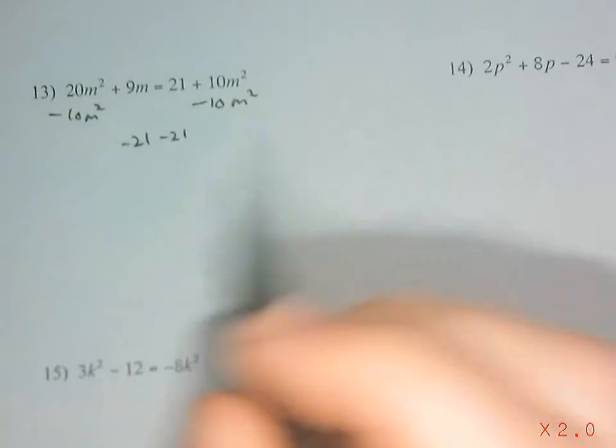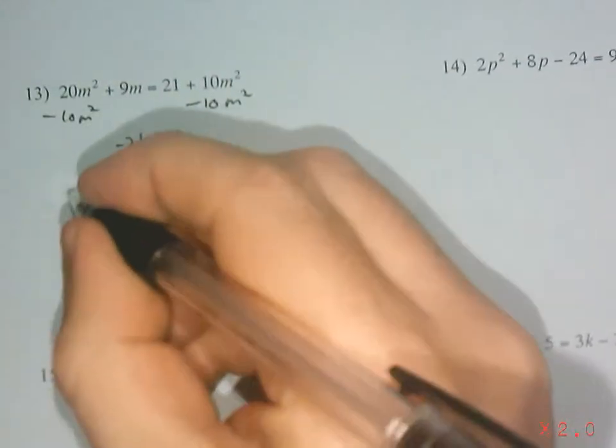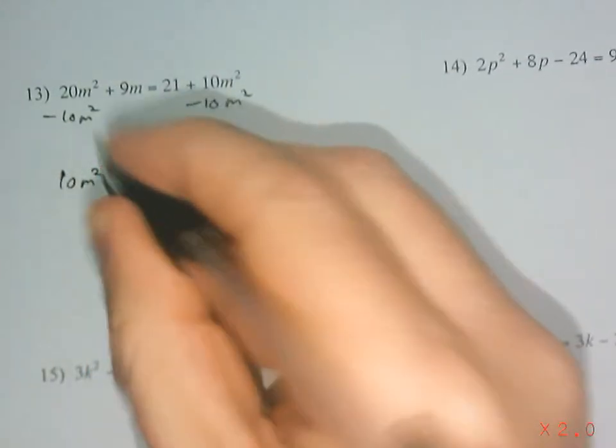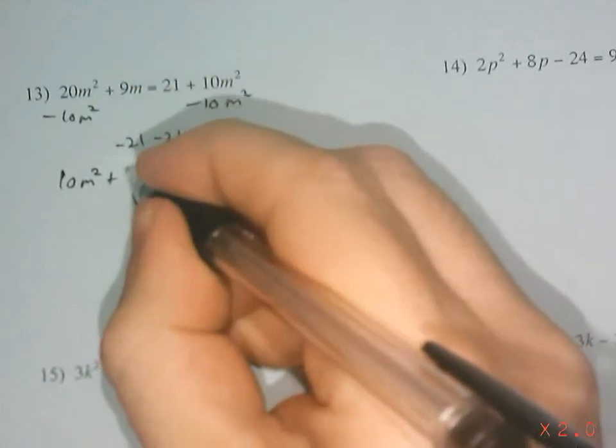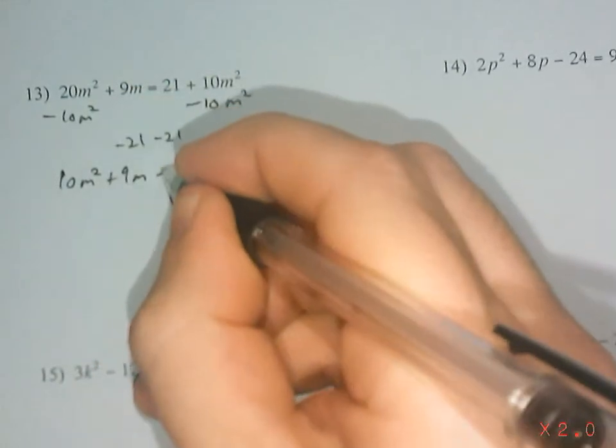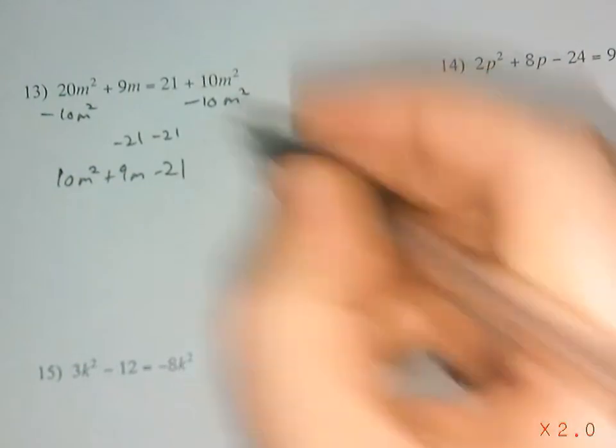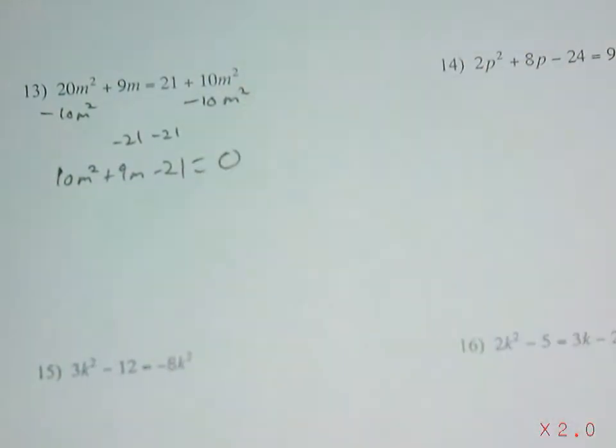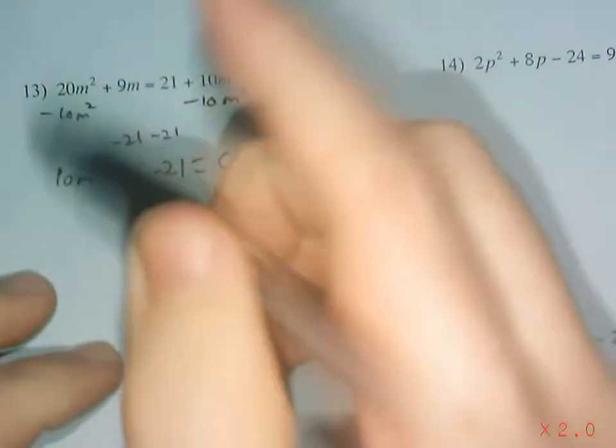So 10m squared, that would become 10m squared. And then I still have the plus 9m, and then minus 21 has no like terms, so minus 21 equals 0. Great.